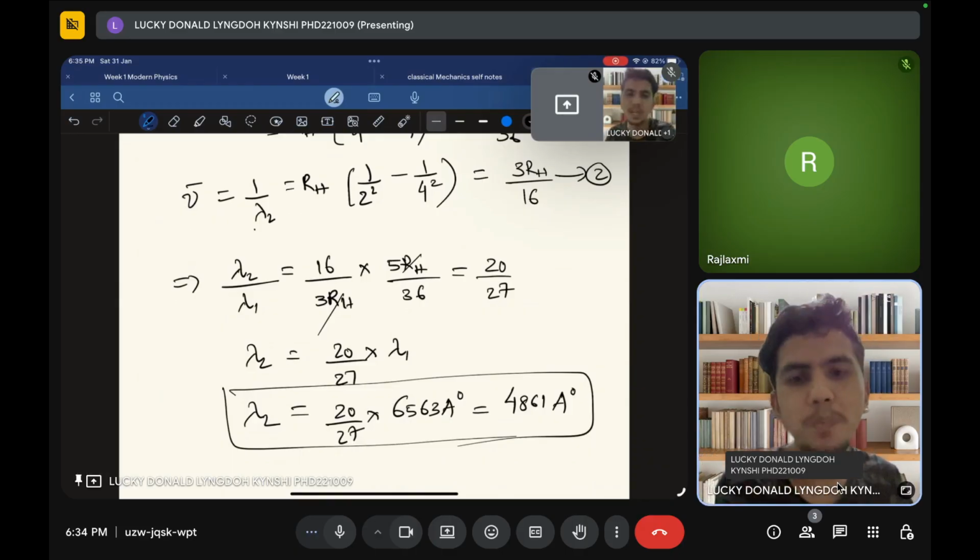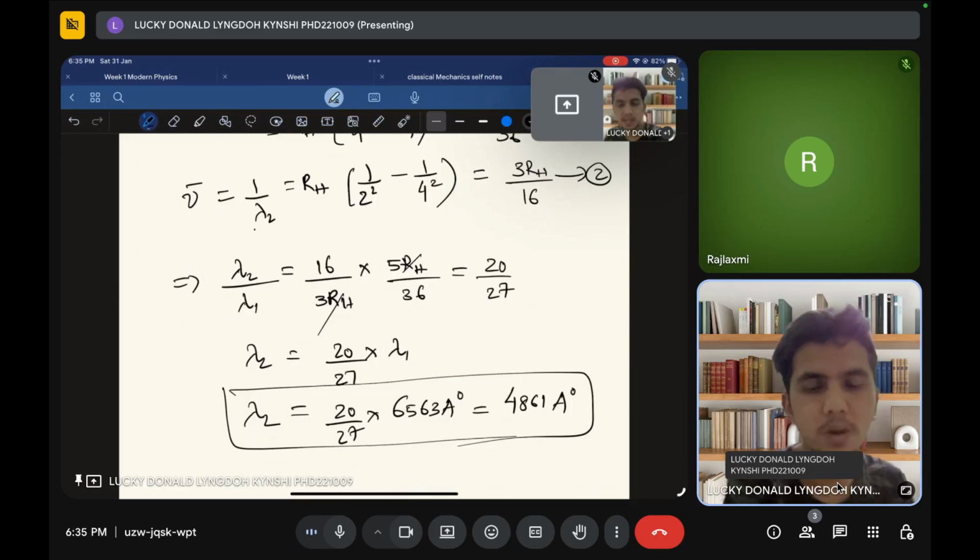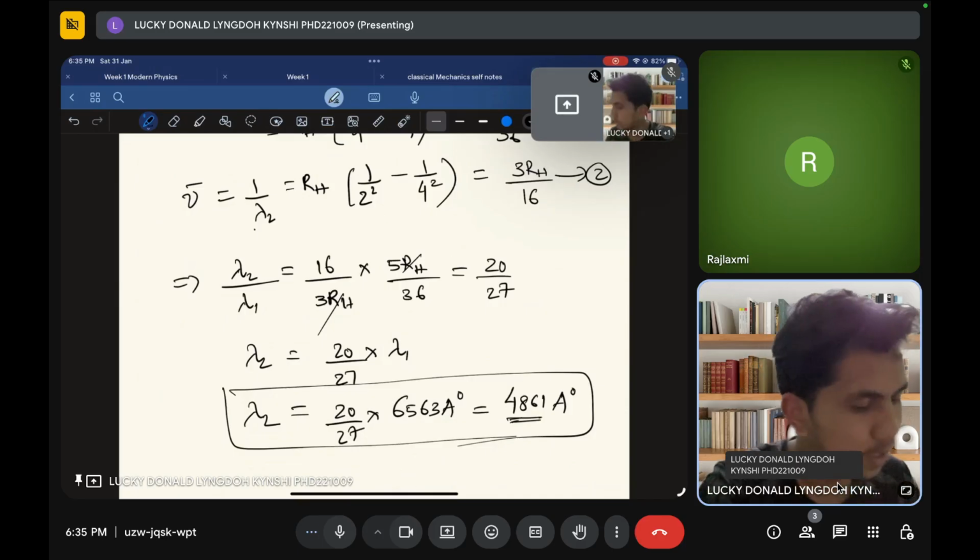The transition from one state to another produces a photon with a particular wavelength of 4861 Armstrong. So that is done.